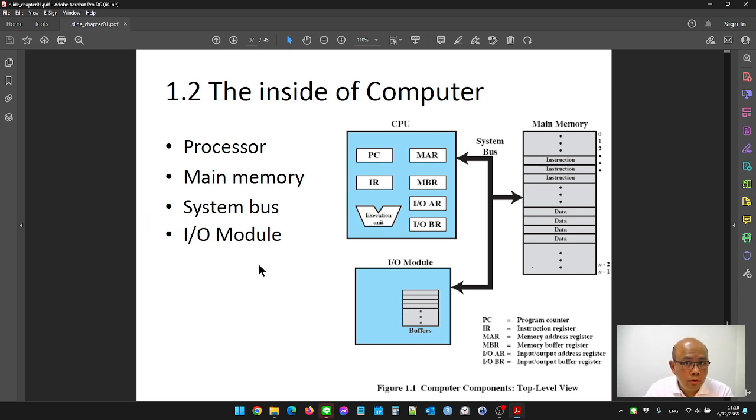For the I/O module, as I told you, this is related to all the input and output devices connected to the computer. All of the devices connect and transfer using a cable called the system bus. Inside the system bus there is a data bus and an address bus. I will tell you later in the next chapter.